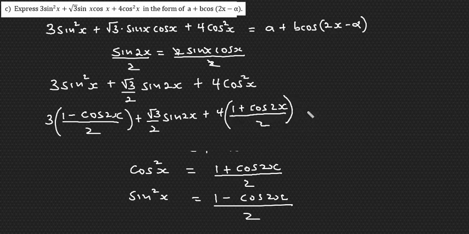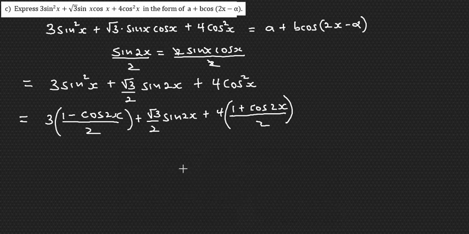Now this is equal to the right hand side. Now since I have got the double angle, it is just a matter of simplifying, then I will also expand the other one.